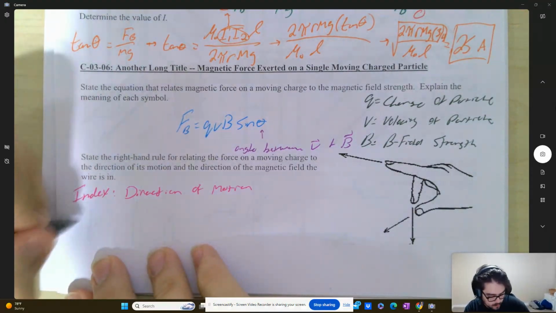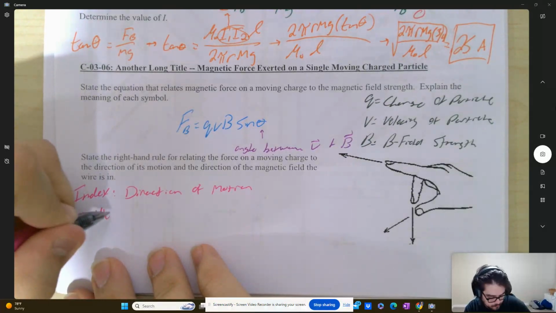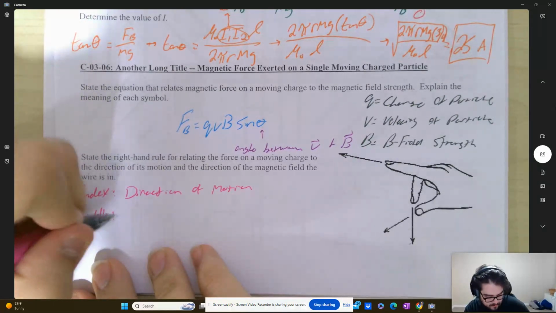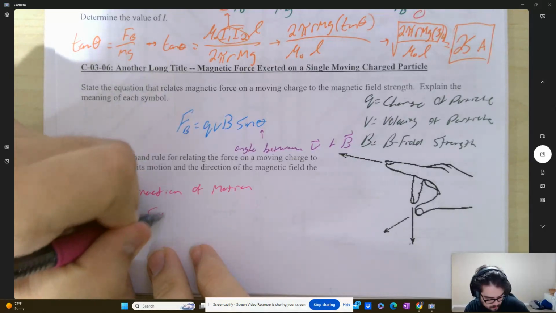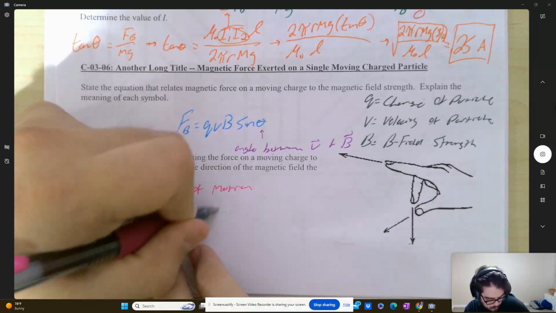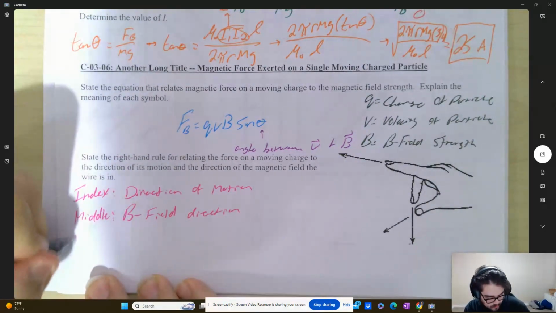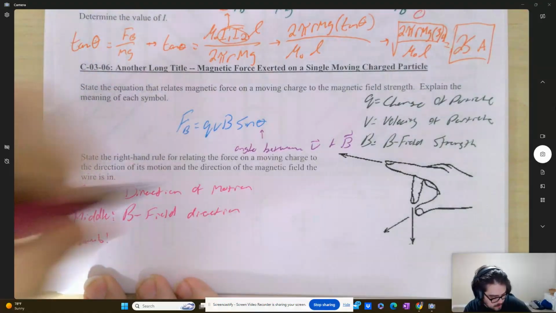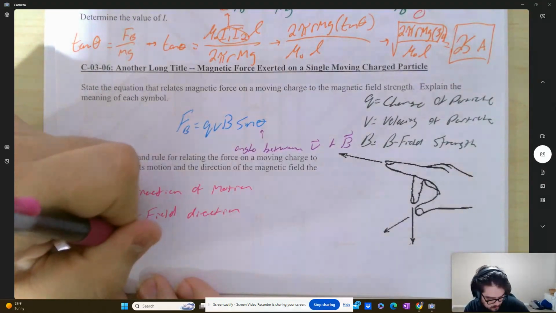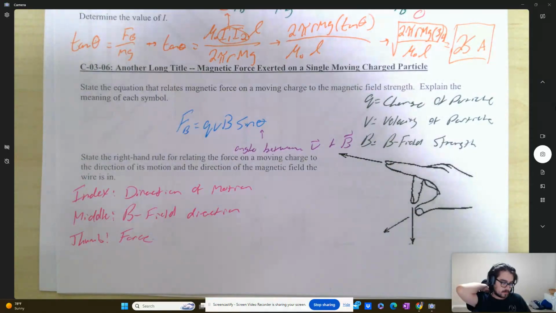Your middle finger is still the magnetic field direction. And then the thumb is still the magnetic force applied to the particle.